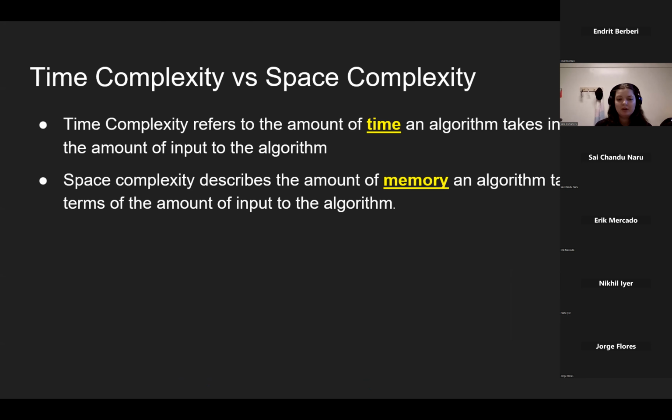So how many variables does it store? Does it copy them? Does it just operate in place? Does it create new arrays, or just operate on the existing array for sorting algorithms, etc.? That's going to be your space complexity.